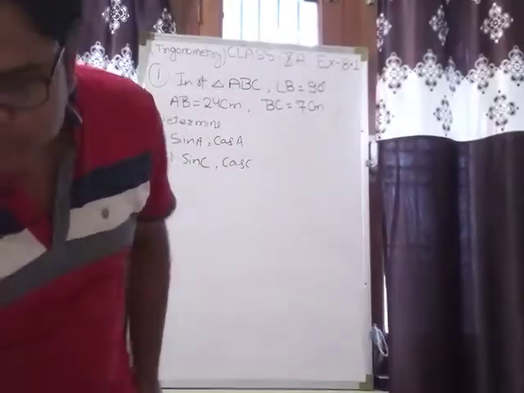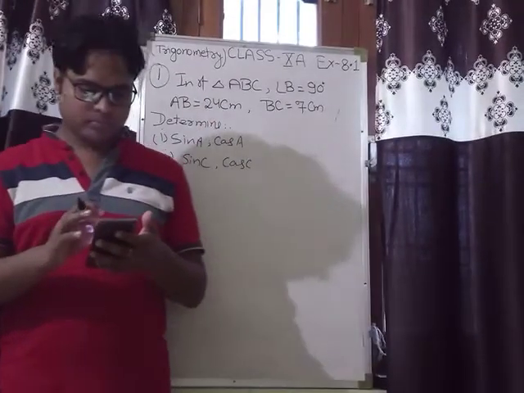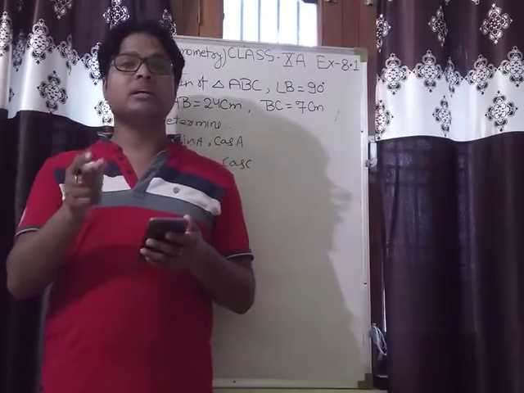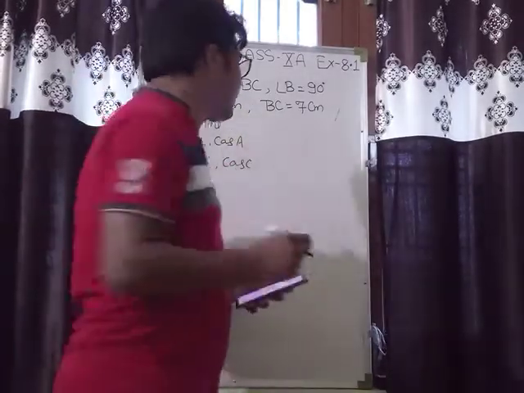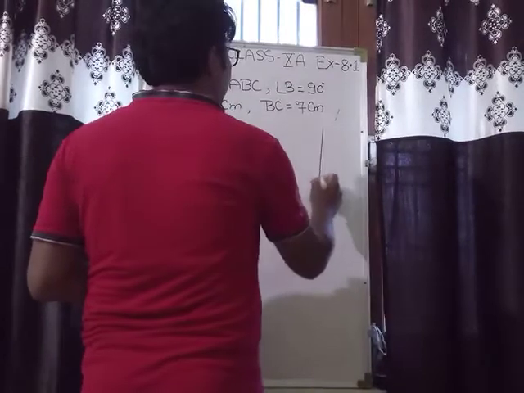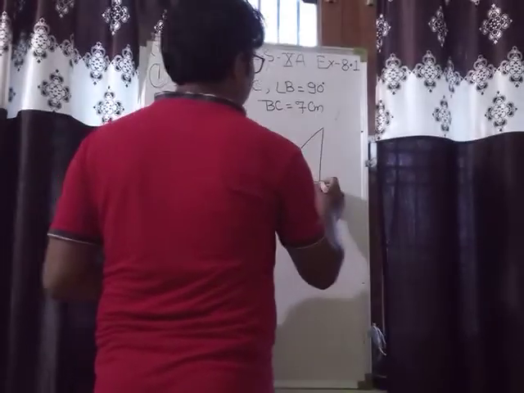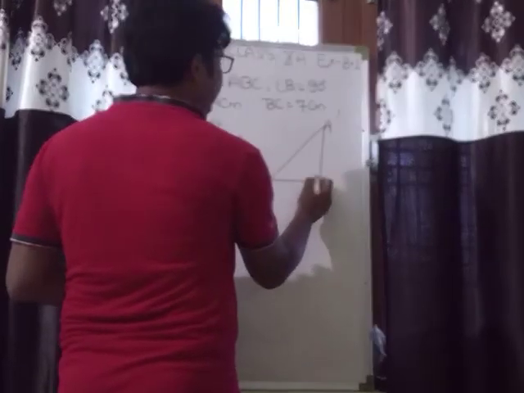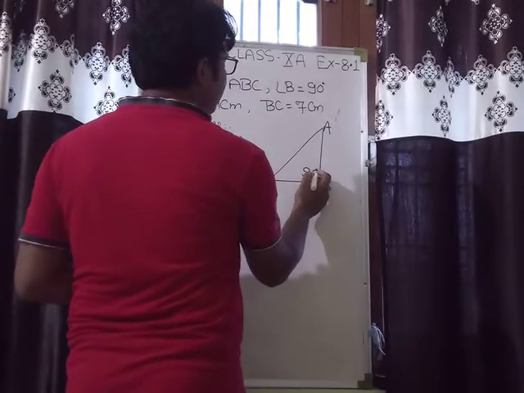Question is, in triangle ABC, right angled at B. There is a triangle ABC which is right angled at B, means angle B is 90 degree.